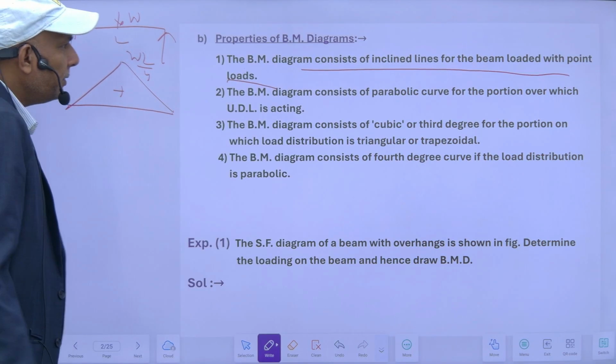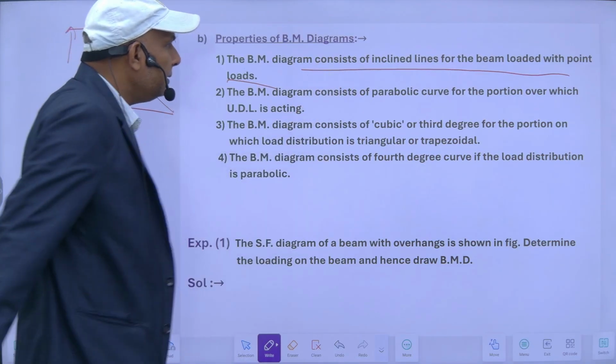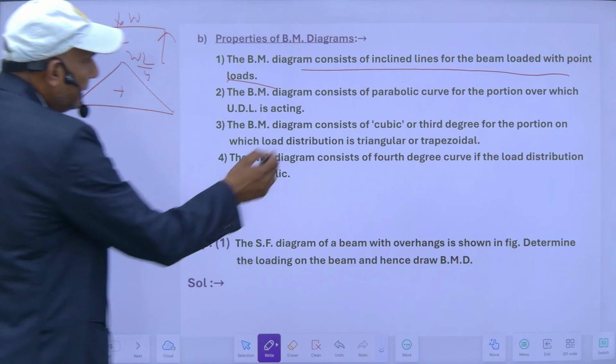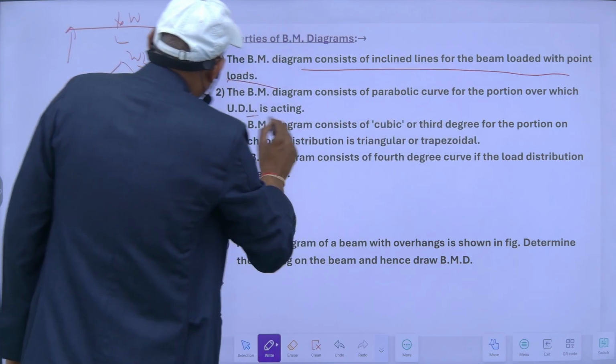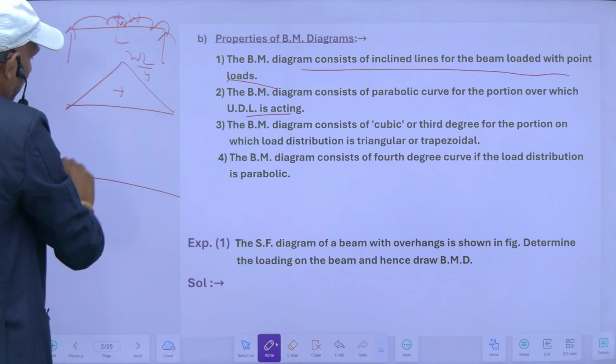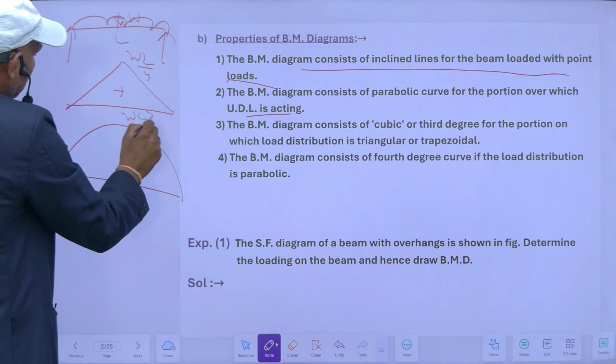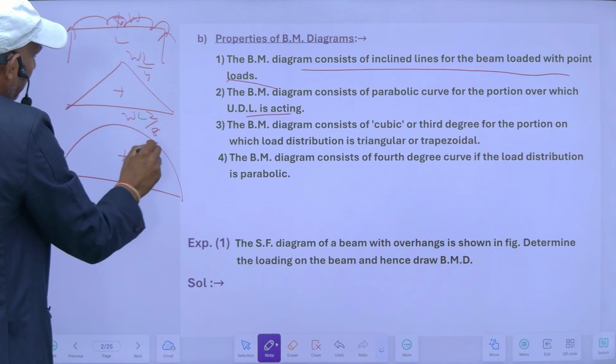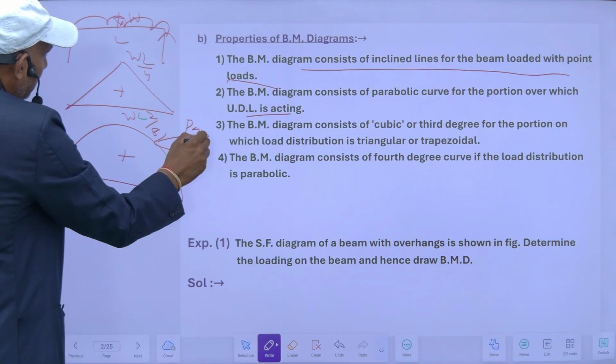So it will consist of inclined lines for the beam loaded with a point load. And if there is a UDL, so in this case my bending moment will be a parabola. So this will be a parabolic curve.